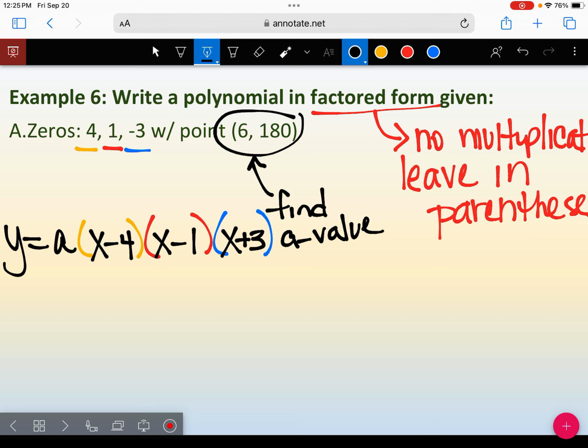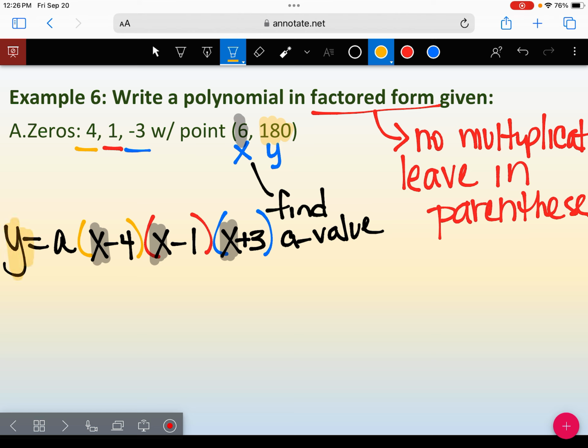But now we need to find A. So in order to find A, we're going to use our point and substitute it. So this is X, this is Y. So every place where we have an X, I'm going to put that 6. I'm going to put a 6 here, here, and here. And then where I have my Y, I'm going to put that here.